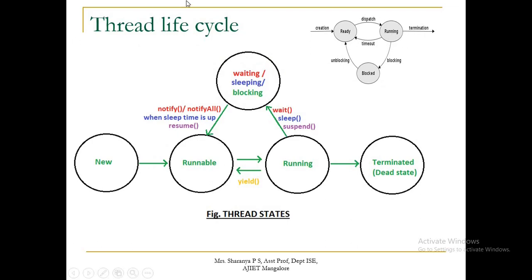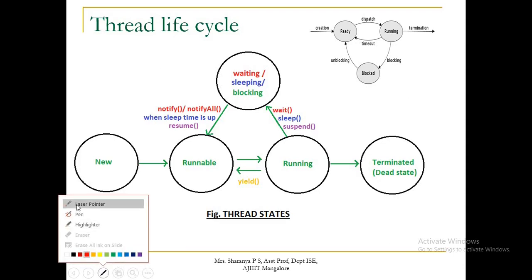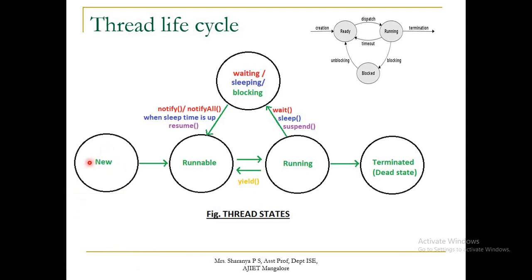Now, if we look into the thread's life cycle, what are the different states once the thread is created? This resembles the process life cycle. When the thread is created, it is in the new state.